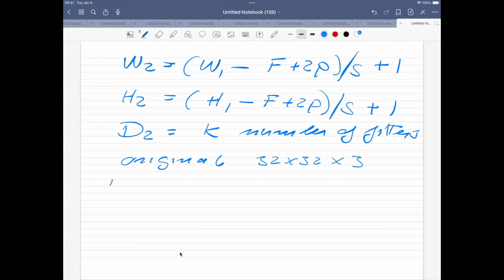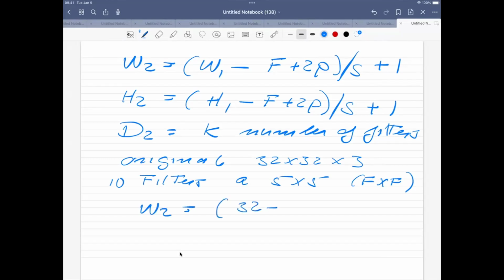Now what I said is I have 10 filters, and each of them is 5 times 5, so that is F. So what I get then is that this W2 here is going to be given by 32 minus 5 divided by 1, the stride, plus 1. And you will see that when you perform the multiplications, this is now going to be given by 28 times 28.